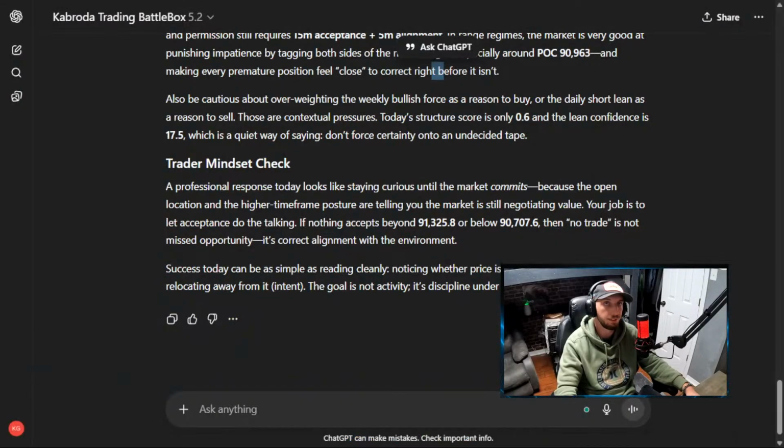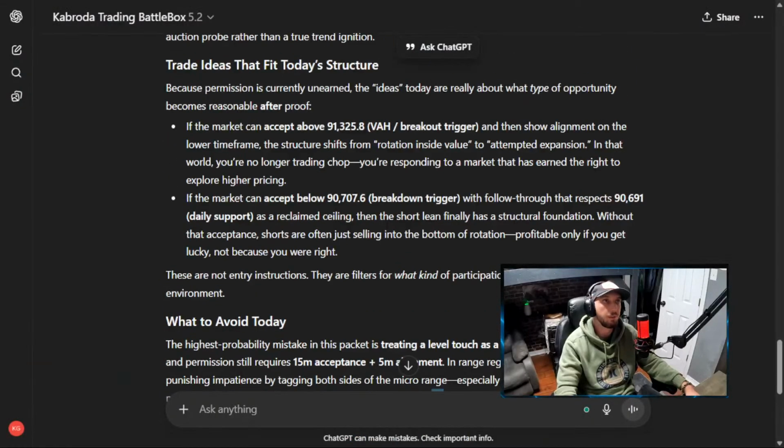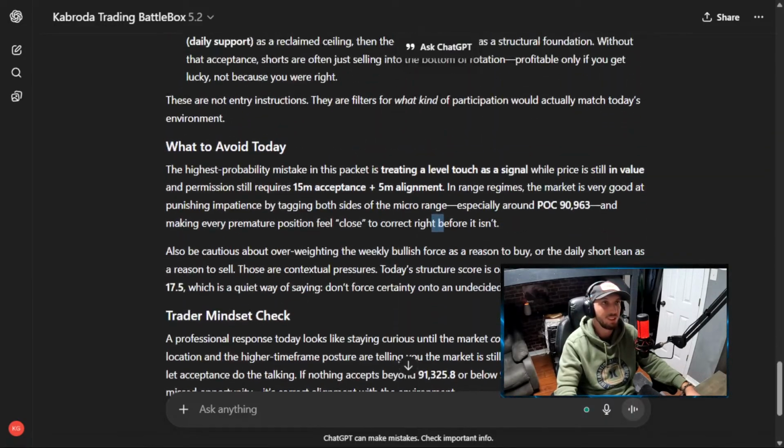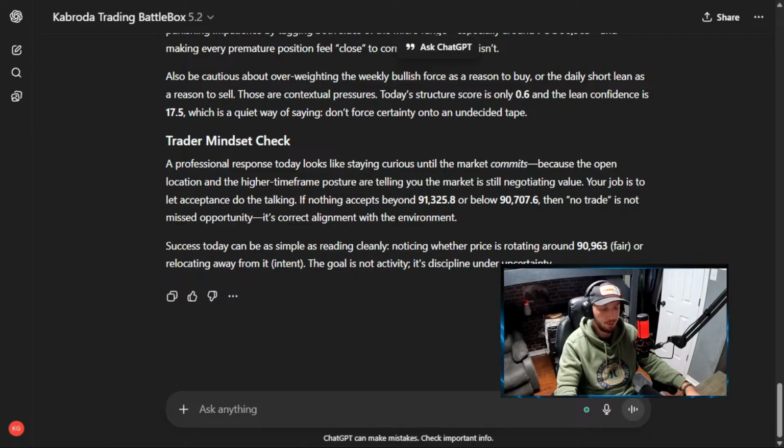Once it tells us which way we're actually gonna continue, then we might have something on our hands. But right now, it's not a whole lot. Just hanging out, waiting for price to move.